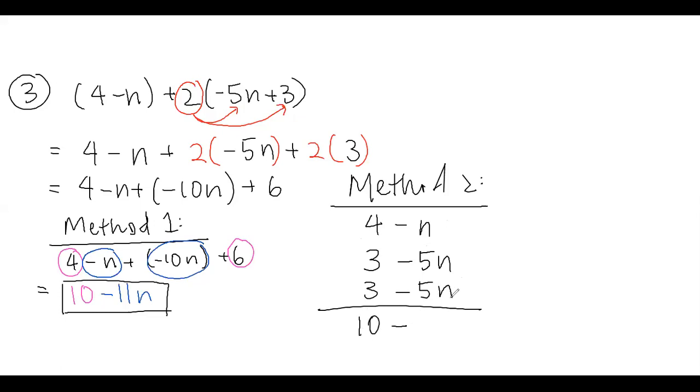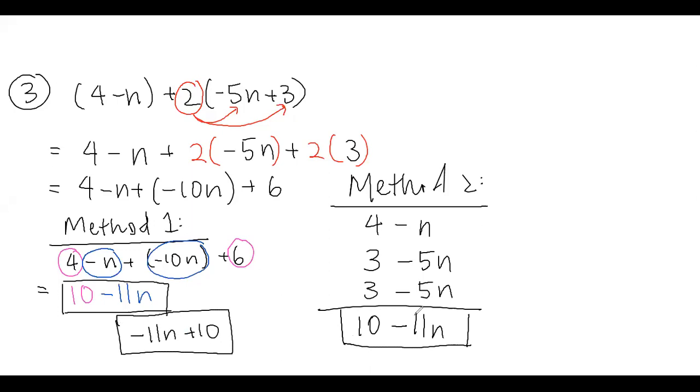How many minus n's do I have here? I have 1, 5, and 5. That's 6, 11, minus 11n. If you had gotten negative 11n plus 10, that is also a valid answer. That is also the correct answer.